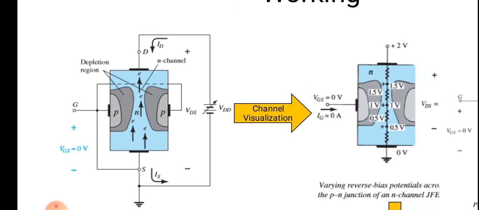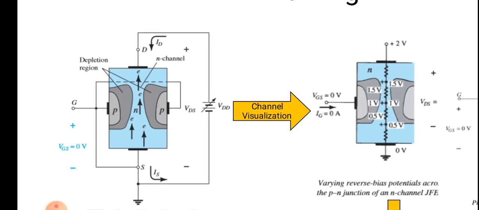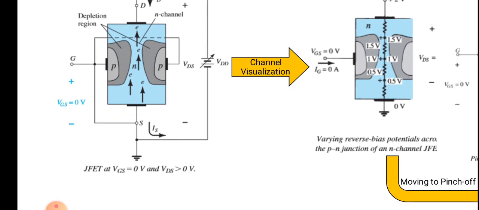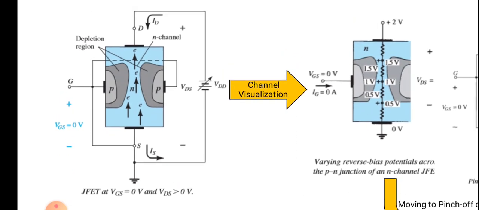Now since the channel is not a perfect conductor, the conductivity is going to be finite. If a current flows through a material which is not perfect in nature, meaning the conductivity is not infinite, certainly there is going to be a drop of potential. On the lower side, the source is there, and that is considered as a reference point.